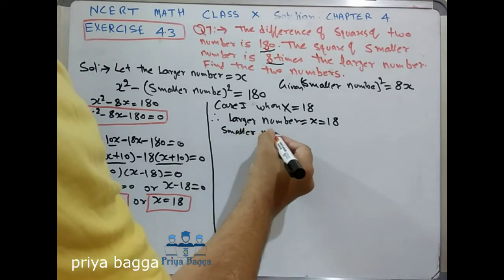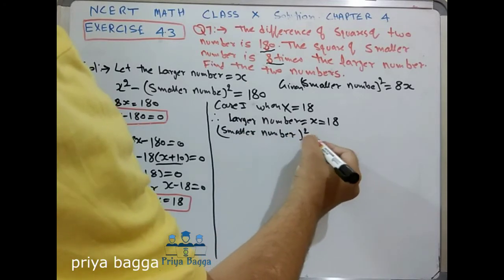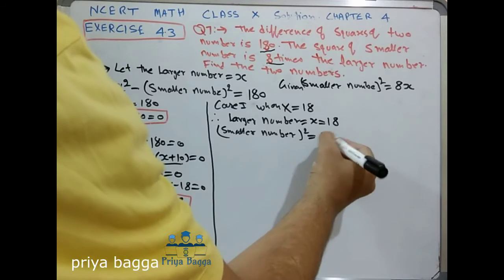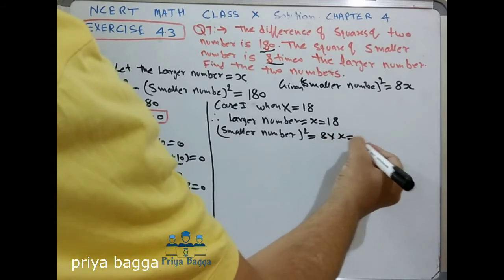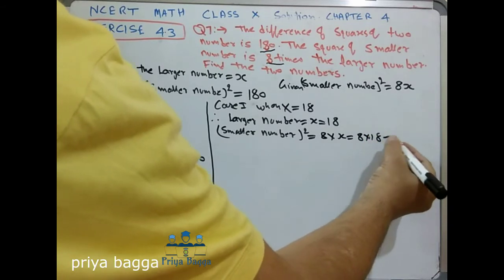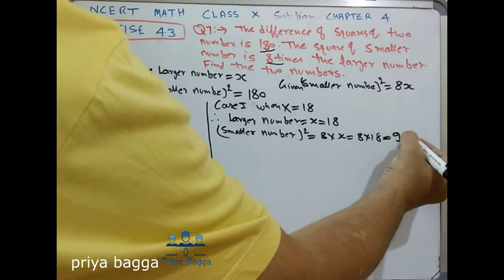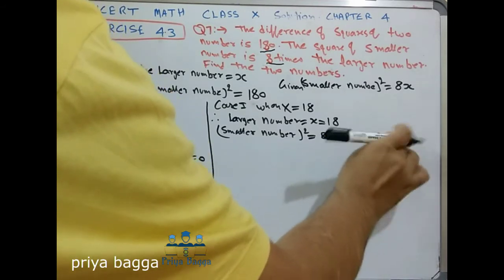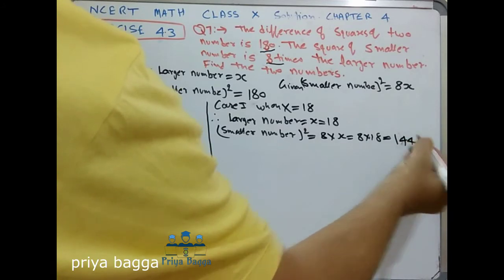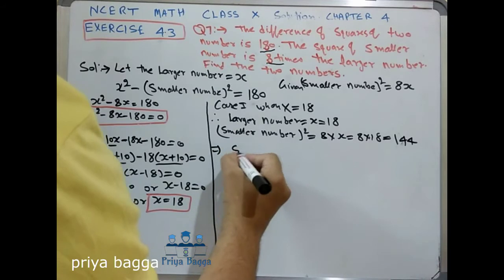Smaller number square, we will take from here. Smaller number square will be 8 into x, which will be 8 into 18, which is 144.